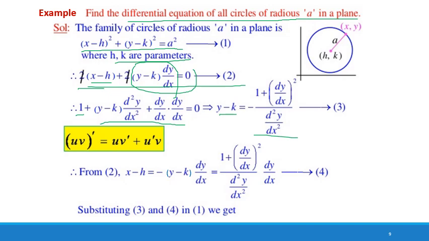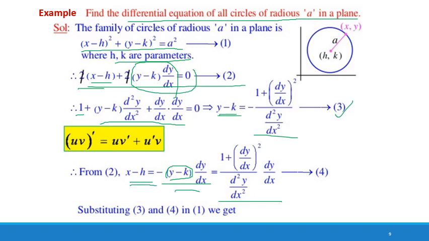But from equation number 2, we can write x minus h is equal to this, and also we have calculated the value of y minus k from equation 3. So by putting the value of y minus k from equation 3 here, our new equation would be this. So this is our equation 4. So we have the value of y minus k and also the value of x minus h.